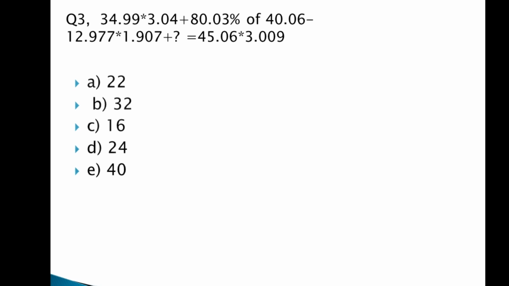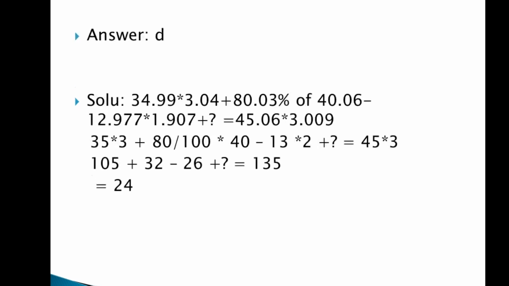Here we have to find the question mark. Your options are option A 22, option B 32, option C 16, option D 24, option E 14. Your time starts. Your time finish. The answer is option D, which is 24.